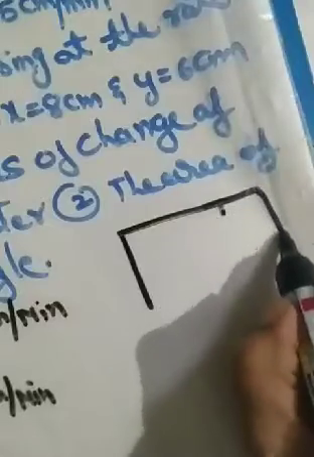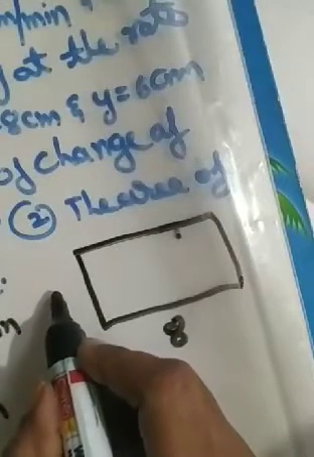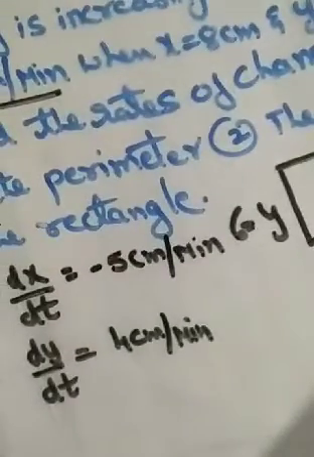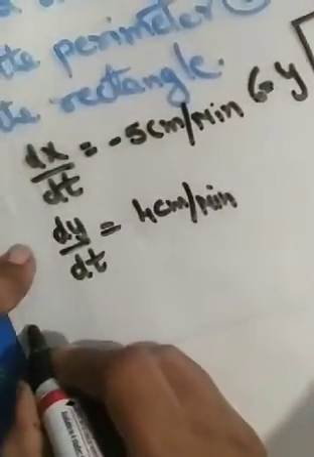So rectangle, x is 8 and y is 6. So next we have to find the perimeter of the rectangle, isn't it?